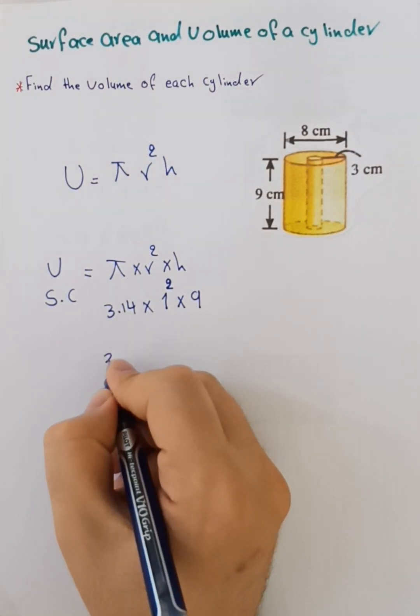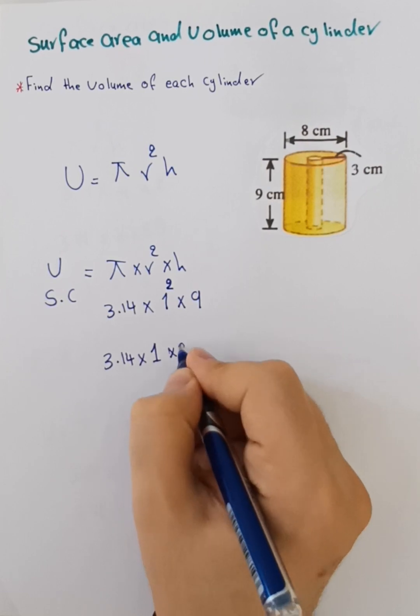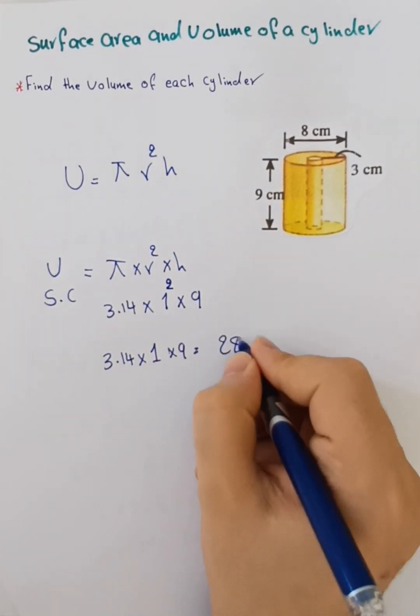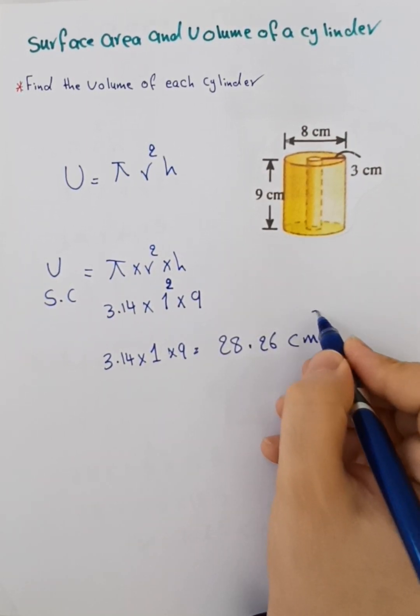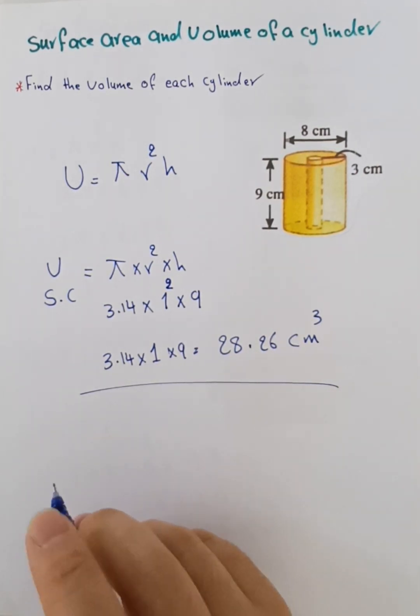After that, we have 3.14 multiplied by 1 squared equals 1 multiplied by 9. So the volume is 28.26 cubic centimeter. This is the volume for the small cylinder.